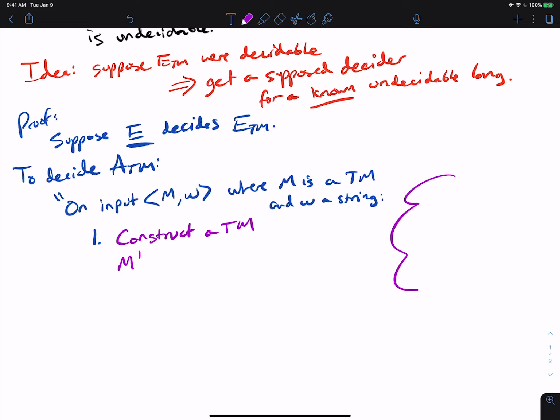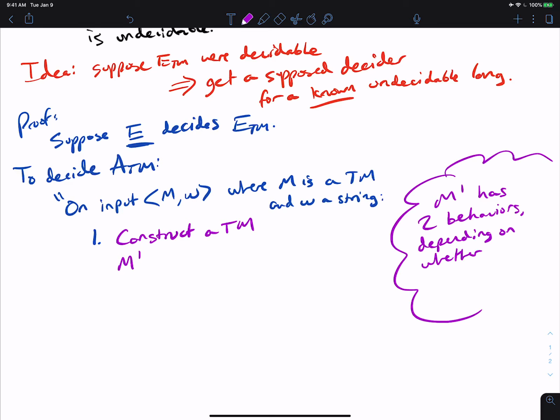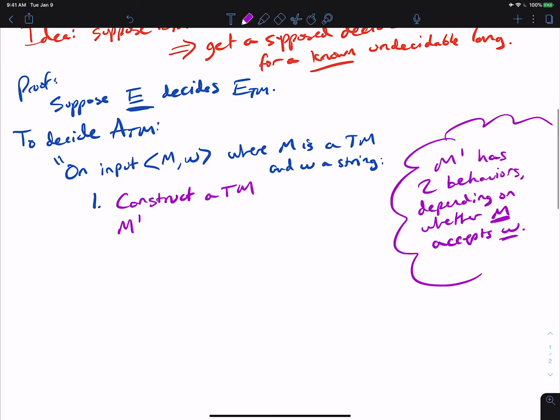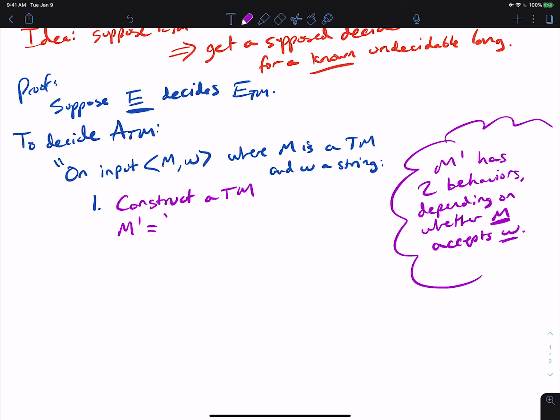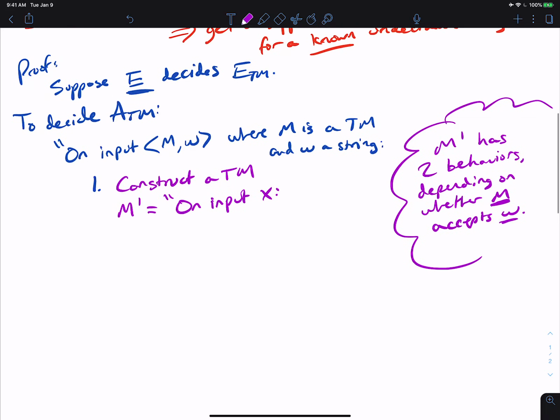This machine M prime is going to have two behaviors depending on whether M accepts W, whether the original machine M accepts the original string W. If I'm going to make a Turing machine, it could take anything as input, so let's say it gets some input X. It could be totally different than W, but it's just some string.